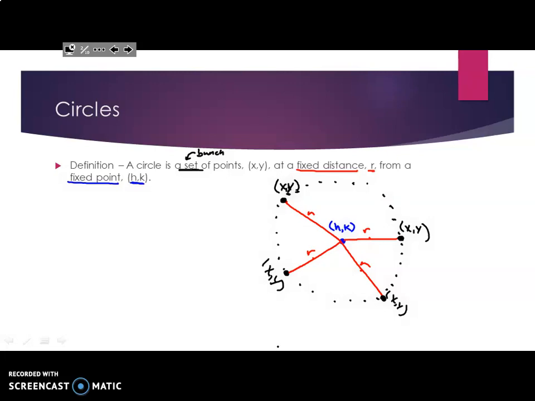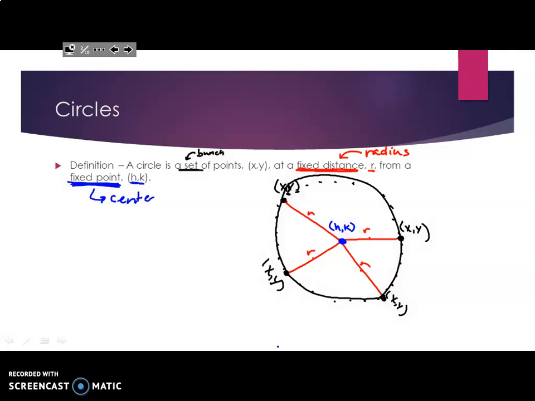But essentially, this should make a really nice and pretty looking circle, which I was not able to do. Okay? So this fixed distance that they are talking about is the radius of the circle. And this fixed point that they were talking about, the h, k, hopefully from this picture you guys can figure out that that fixed point is the center.